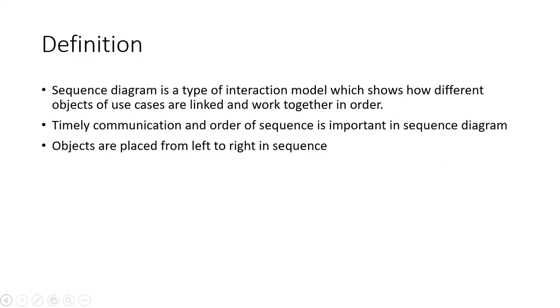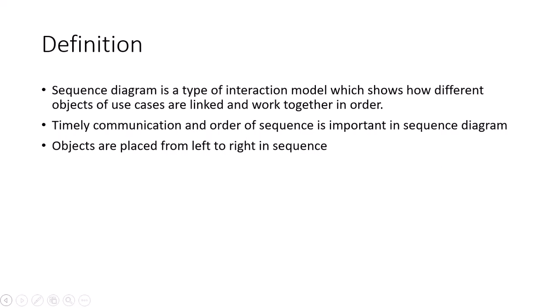because the sequence diagram is the base for the objects, or we can say the objects are derived from the use cases. But remember that this does not mean that for every use case we must have one object.